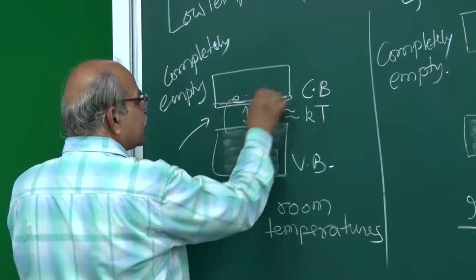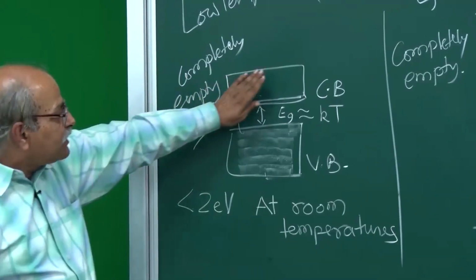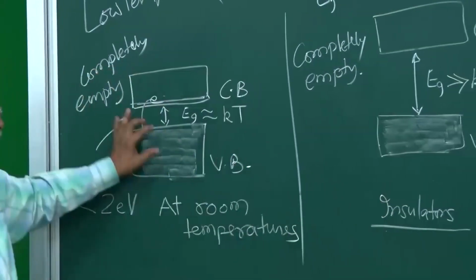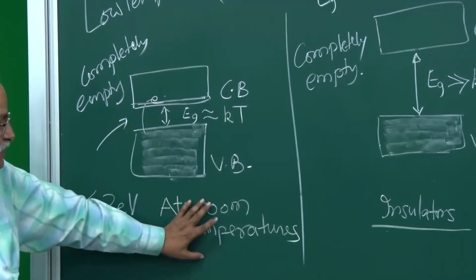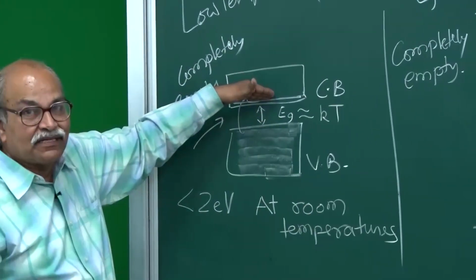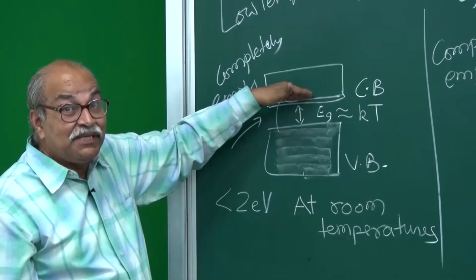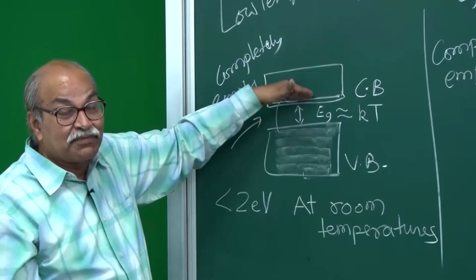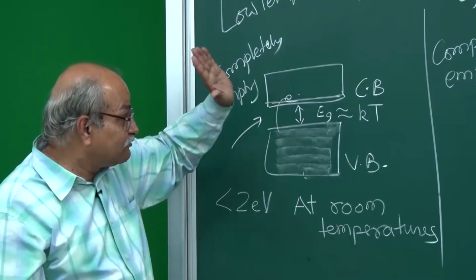Another electron going here will populate another quantum state. So, although the band structure is similar to that of an insulator, because this gap is not very large as compared to kT, at room temperatures or the normal working temperatures, some of these quantum states get occupied, and that some can still mean 10 to the power 13, 14, 15, 16. If the total is 10 to the power 23, some does not mean 5, 10, or 15, or 50. Okay, so that number is sizable.